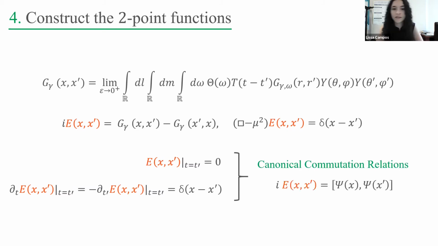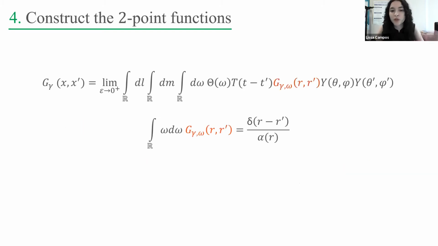So something like this. If we impose the canonical commutation relations on the anti-symmetric part, we restrict the form of the function g gamma of omega, and it must satisfy this identity.